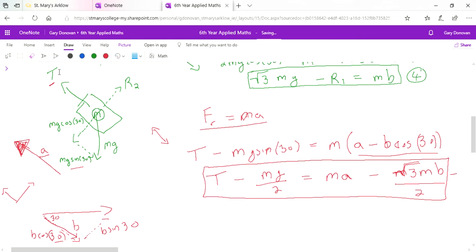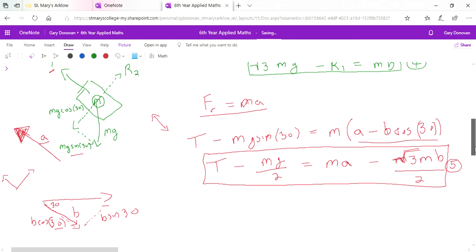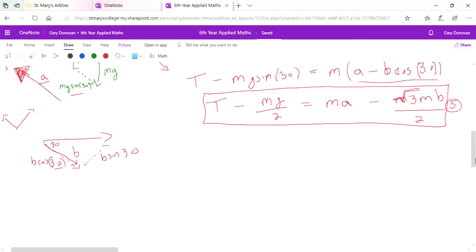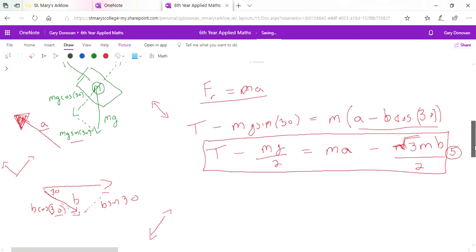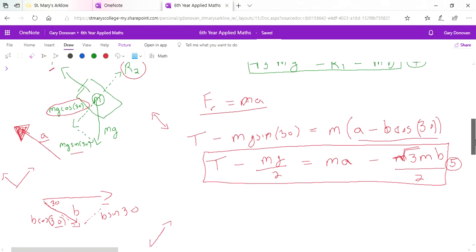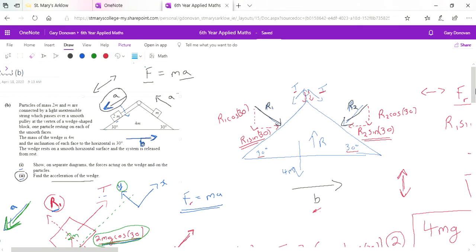A lot of equations in this, you don't need them all for the answer, it's good practice to do them all. So that's the F equals ma equation in that direction. Let's look at the F equals ma equation in the direction which is perpendicular to the plane. So now we're looking at these forces, our R2 and our mg cos 30. Now in this case, the plane is actually moving into it. Because the wedge is moving to the right, this plane is moving into this.